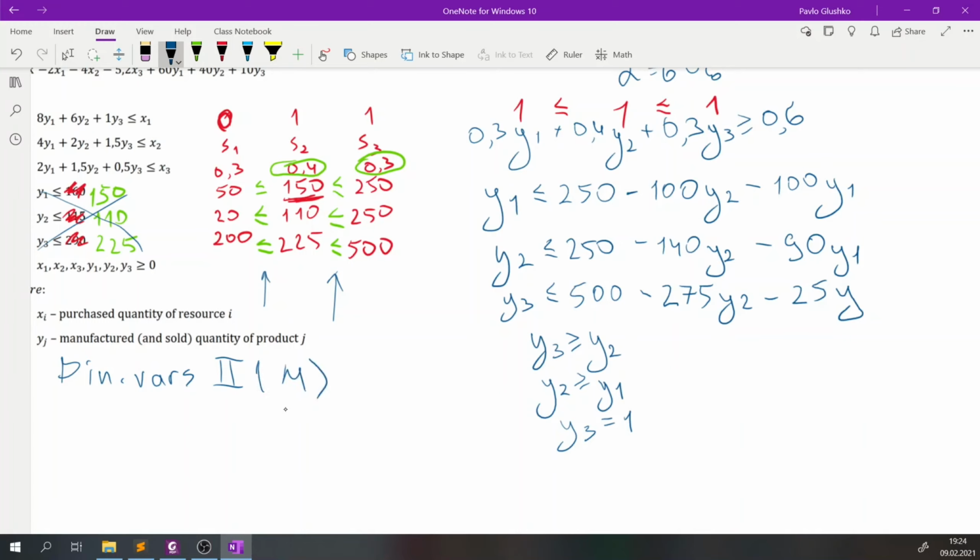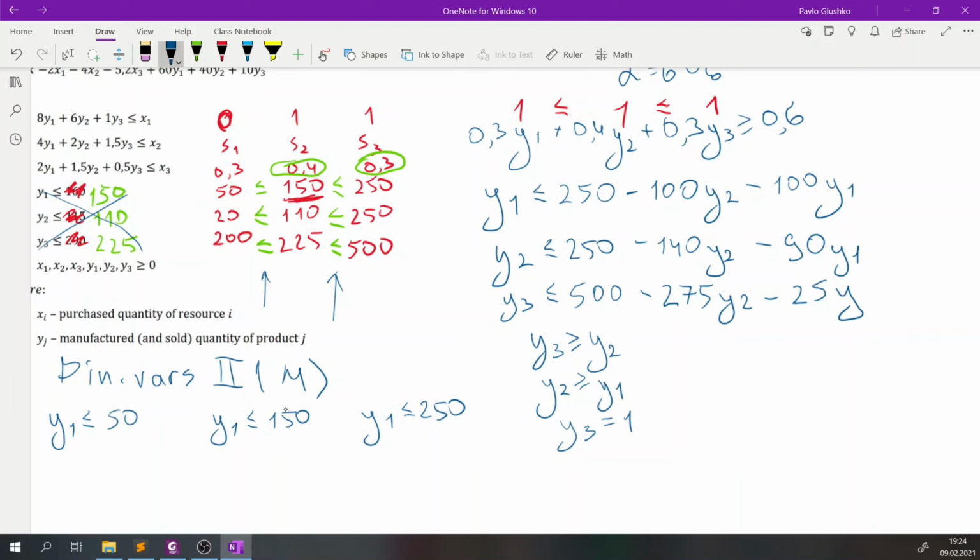Let's formulate the constraint for product 1. So 3 constraints for all 3 scenarios. So y1 less than 50, y1 less than 150, and y1 less than 250.